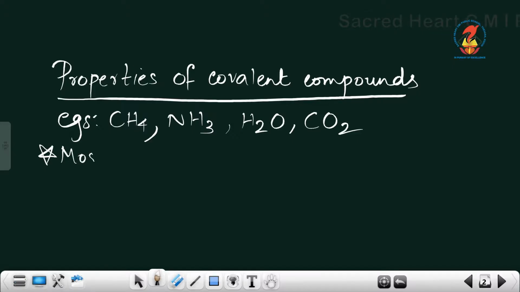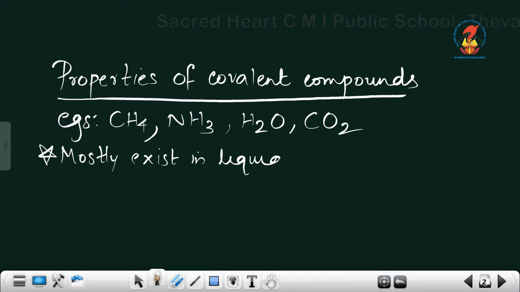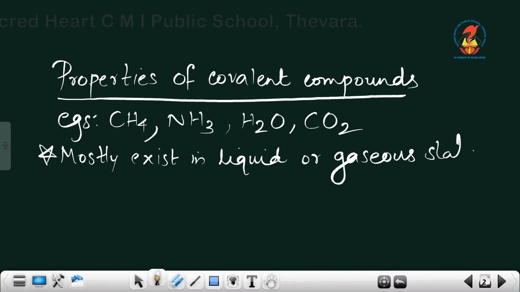So covalent compounds exist in liquid or gaseous state.